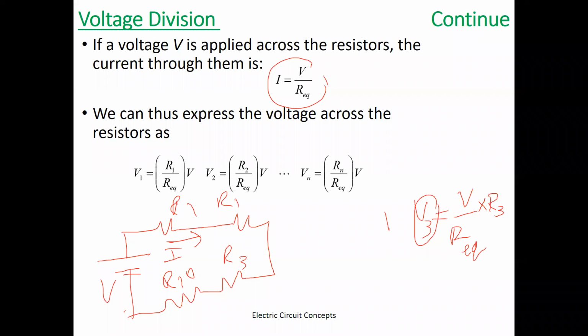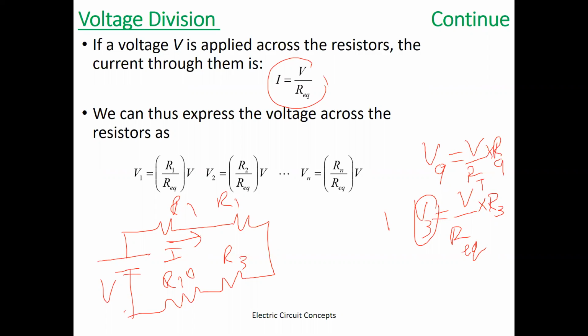I'll show you an example. If you have multiple resistors, R1, 2, 3, 4, 5, 6, up to R9, and I ask you to find the voltage across resistor 9, you take the supply voltage V, divide by RT, adding all the resistances from 1 to 9, and multiply by the value of resistor 9.